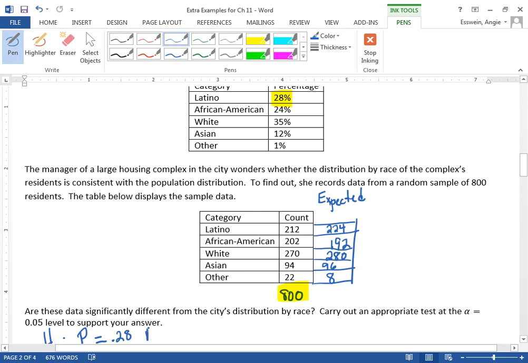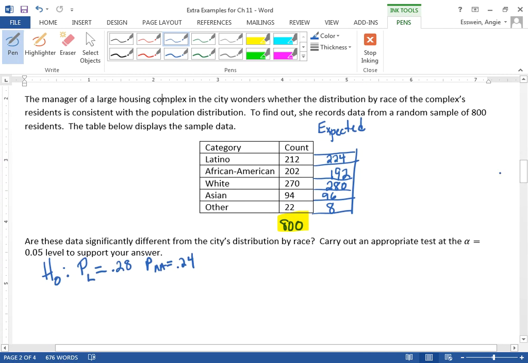And P sub AA for African American to be 0.24. And then percentage of whites to be 0.35. Percentage of Asian to be 0.12 and the other to be 0.01.